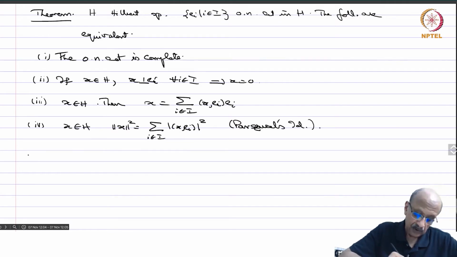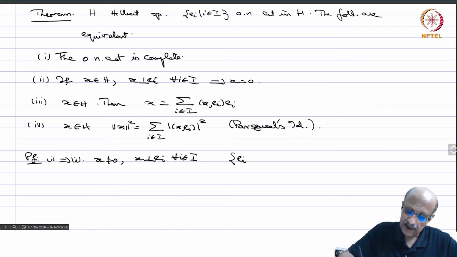Okay, so proof. 1 implies 2. If x is not 0 and x is orthogonal to e_i for all i in I, then you take the set e_i, i in I, union x by norm x.